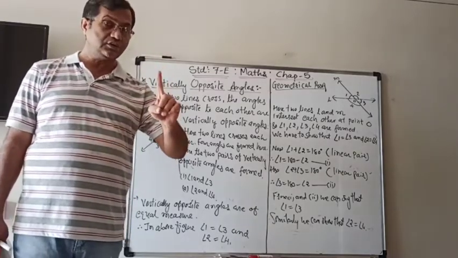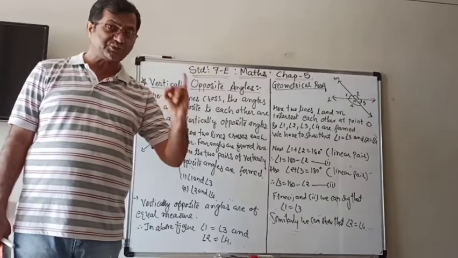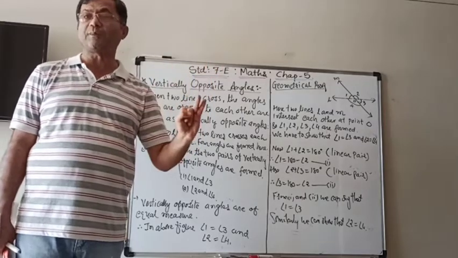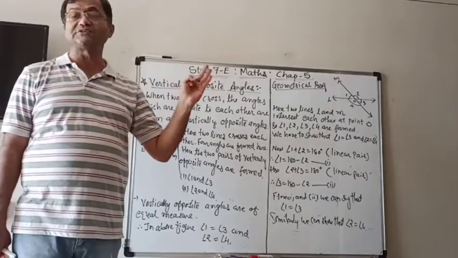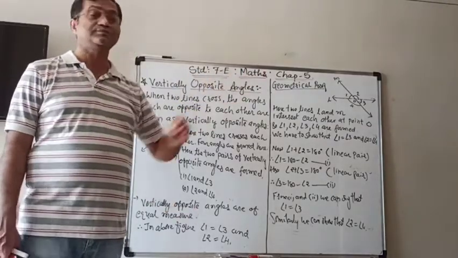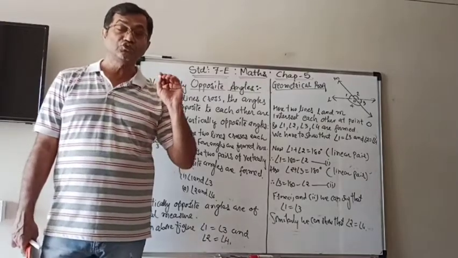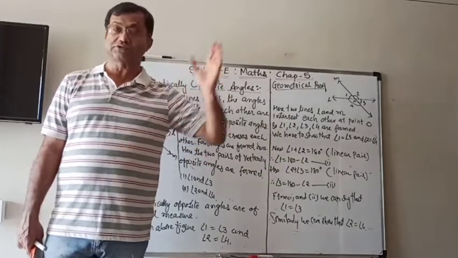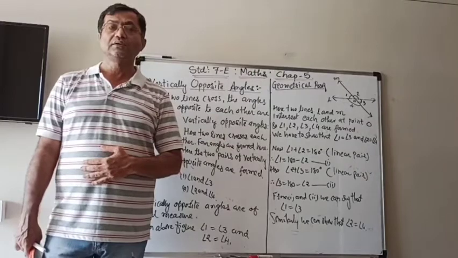And as I told you, adjacent angles and their properties, linear pairs and their properties, and vertically opposite angles and their property are all very, very basic and important things, and they will be useful throughout, especially in the 8th standard, 9th standard, and so on.